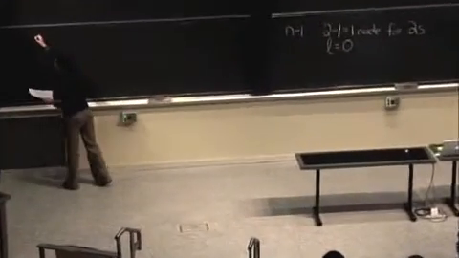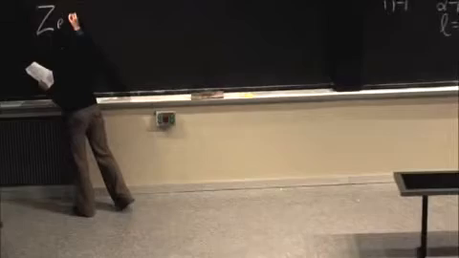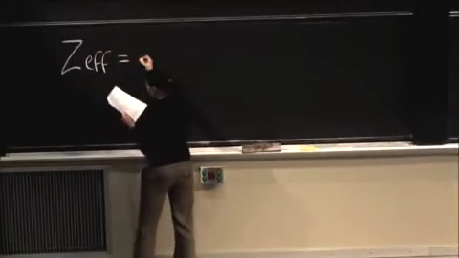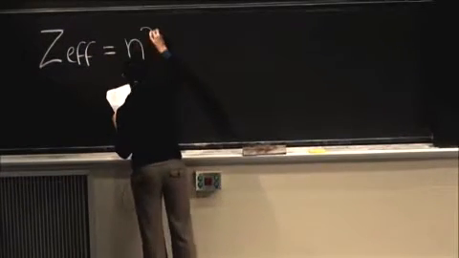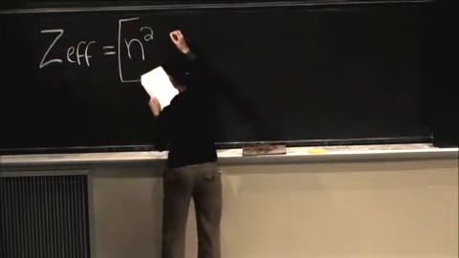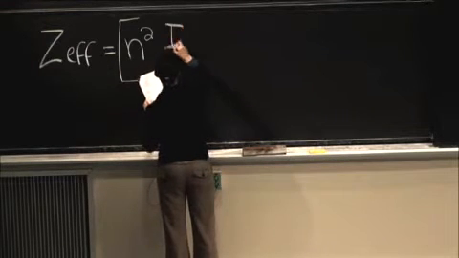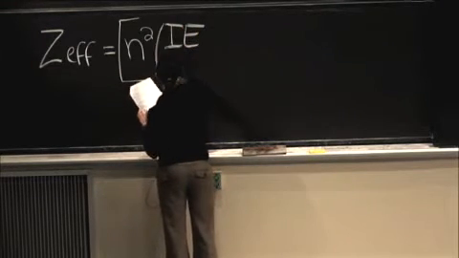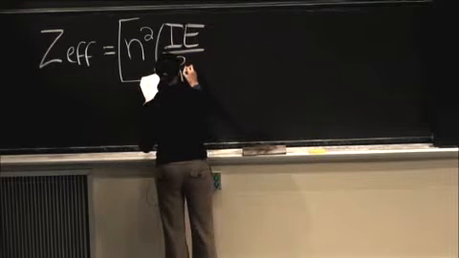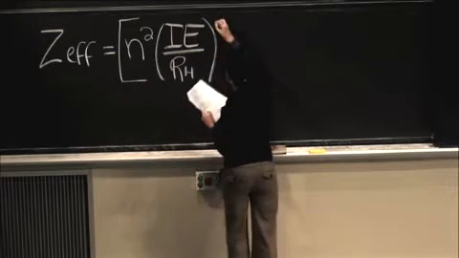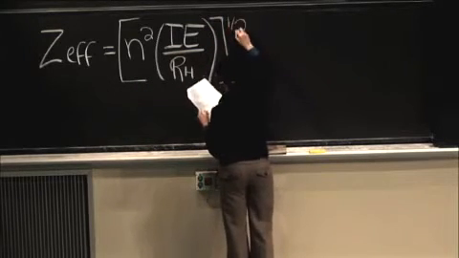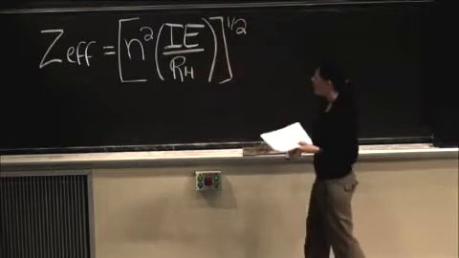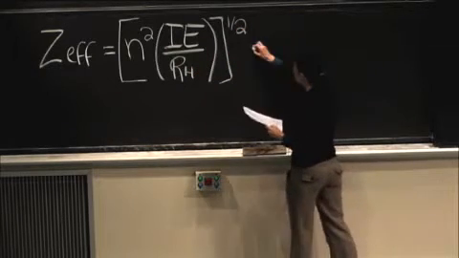If we rearrange this equation, Z effective is equal to the square root of n squared times the ionization energy over the Rydberg constant, so the square root of n squared IE over RH.